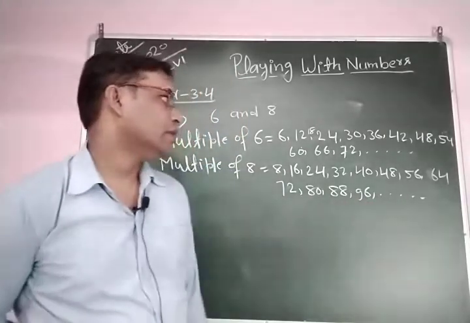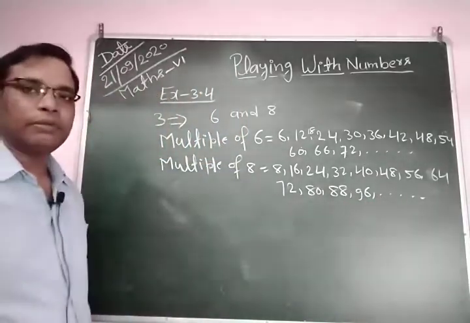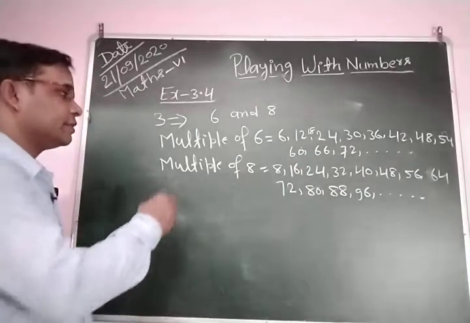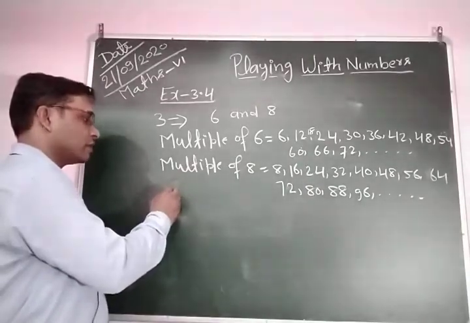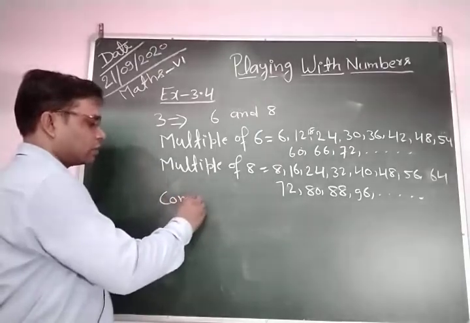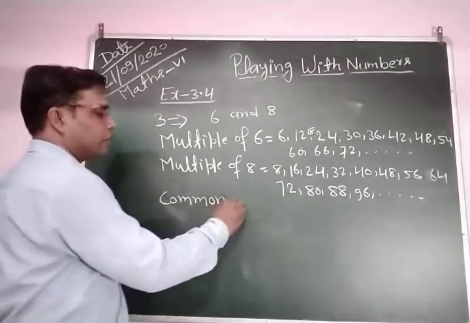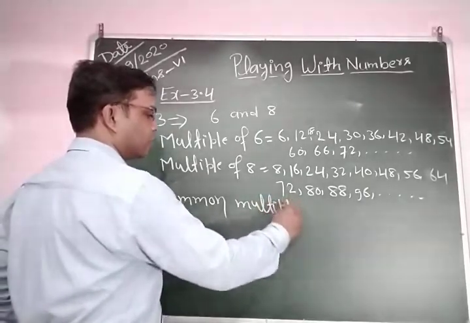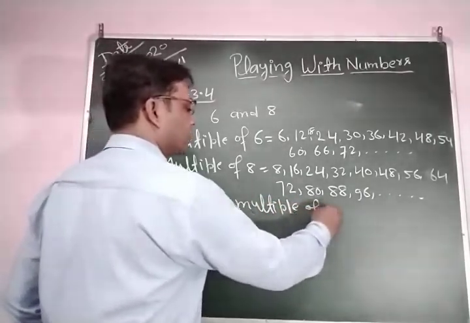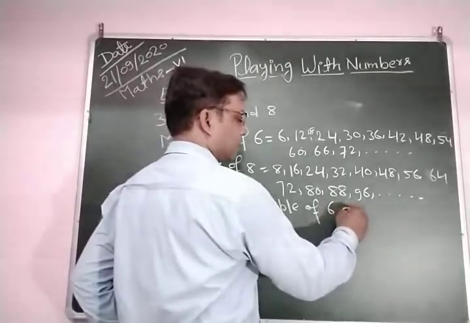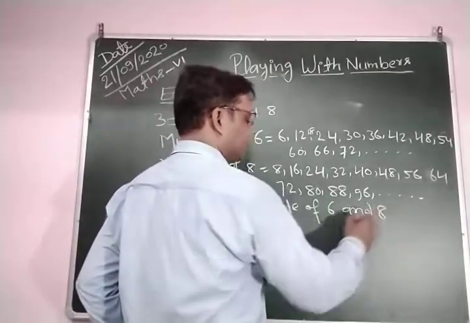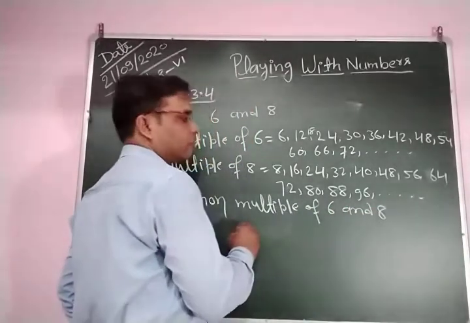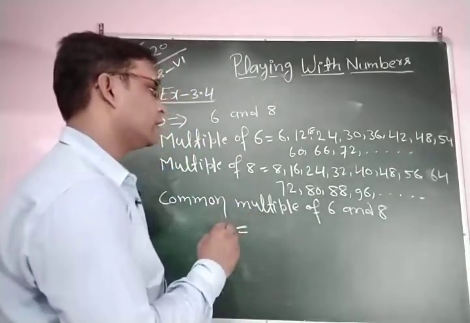Now we need to find the common multiples of 6 and 8. Common multiples of 6 and 8 are equal to what?